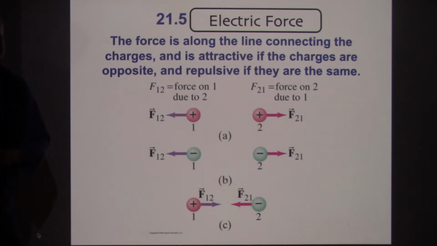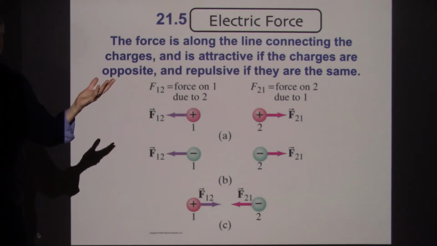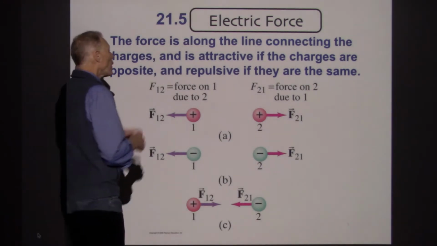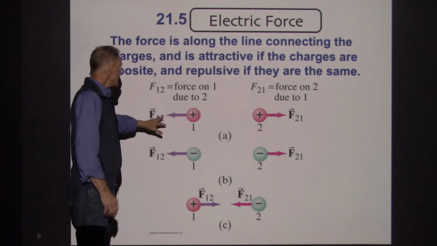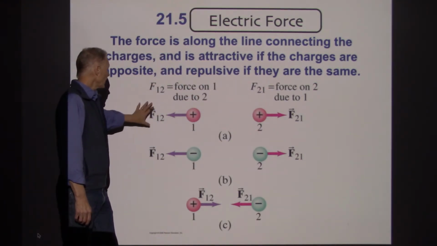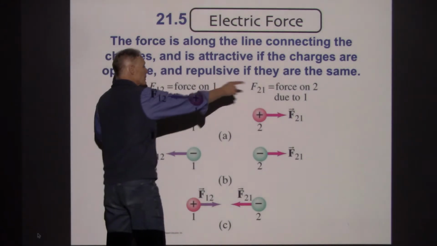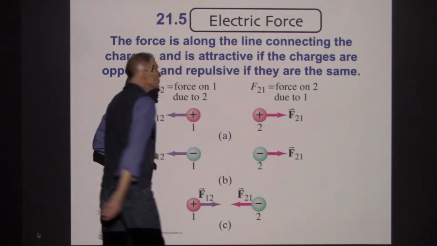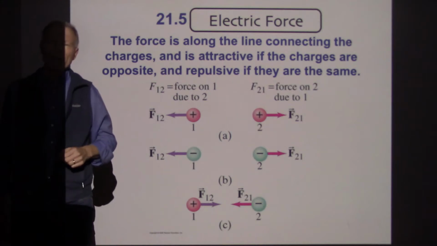So I tend to ignore the subscripts, whether it's 1,2 or 2,1, it's the same thing. What is different is the direction. So what they're saying is this direction of the force acting on 1 is opposite of the force acting on object 2, but I can keep track of that in my diagram.